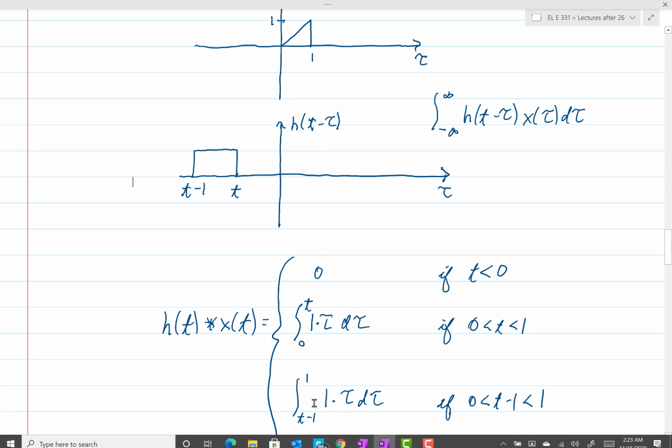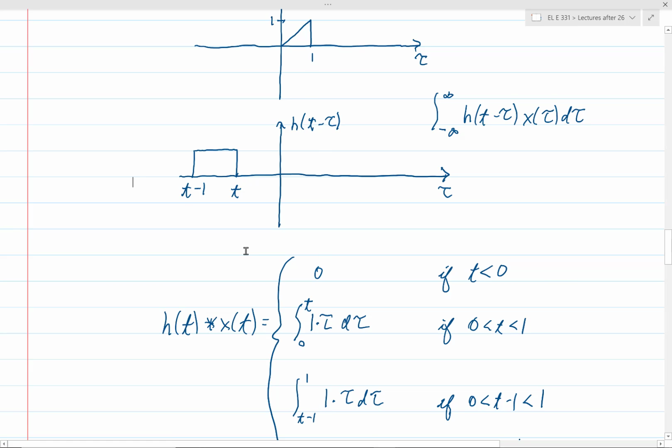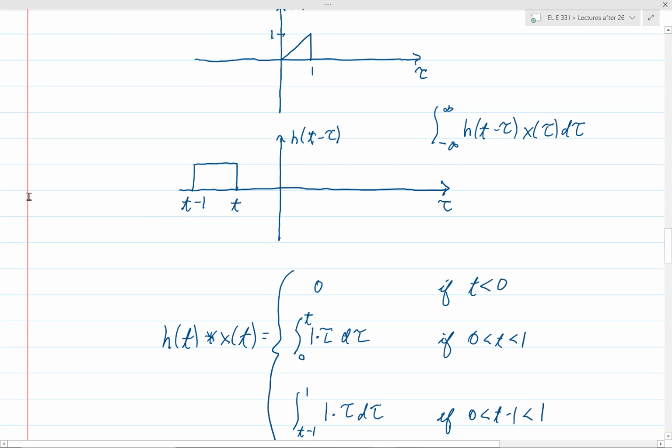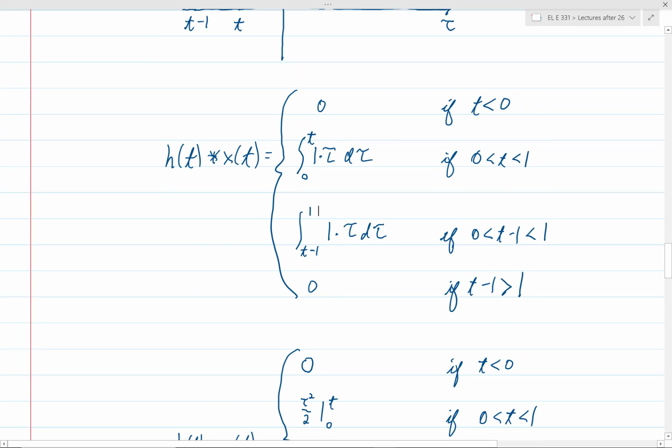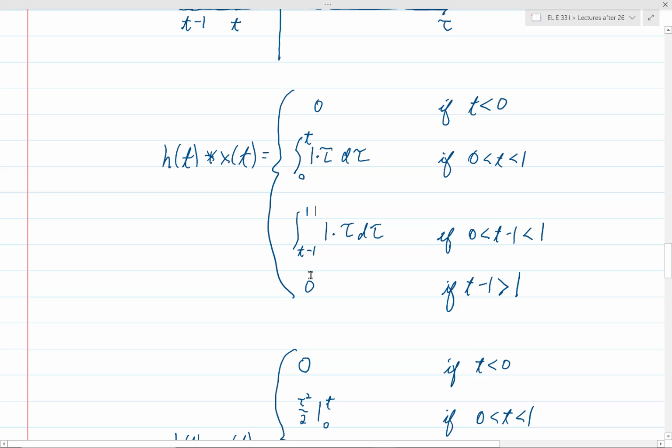So we have the integral from t minus 1, which is the back edge of this, to 1, which is here. And again, we're integrating 1 times tau, because h is equal to 1 and x of tau is tau. And then finally, when t minus 1 passes 1, there's no overlap, and so once again we get 0 if t minus 1 is greater than 1.